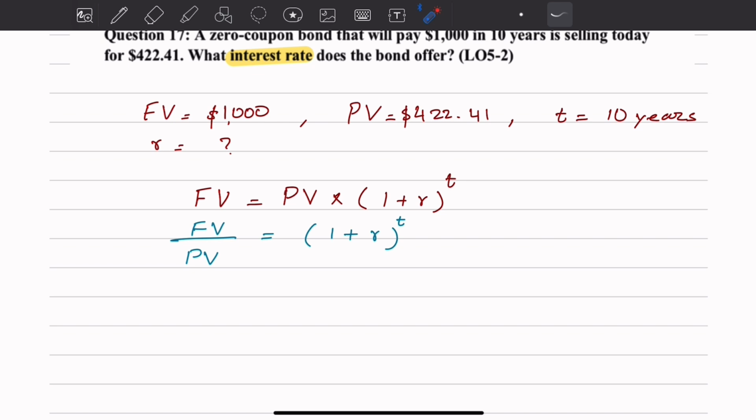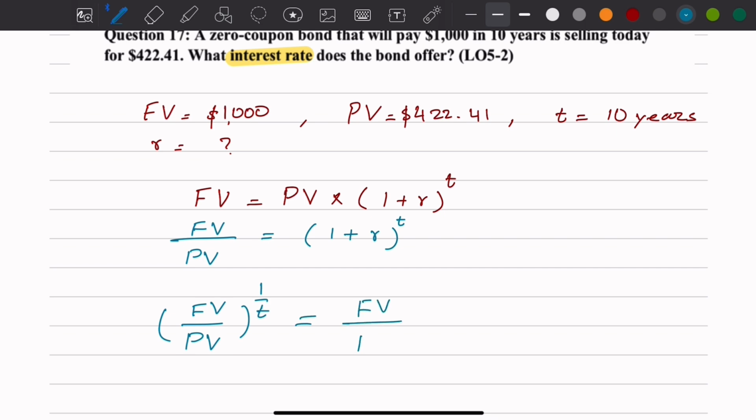Applying that same idea to t, we get future value over present value to the power of 1 over t, which is exactly equal to saying the t-th root. Now on this side, what do we have?